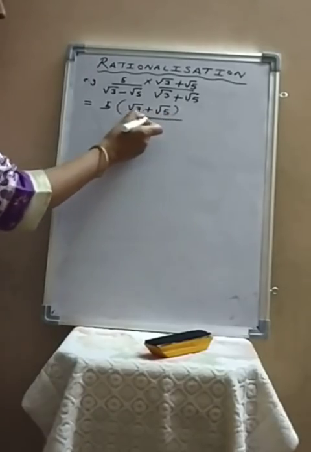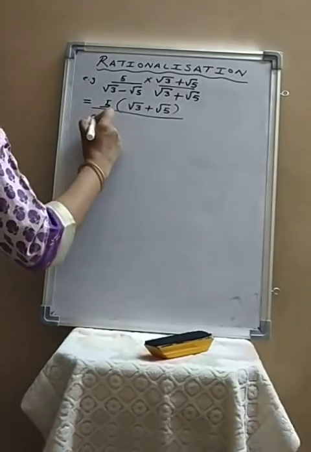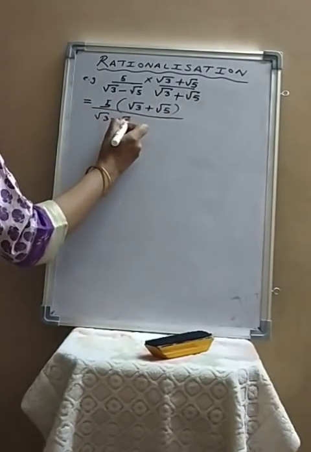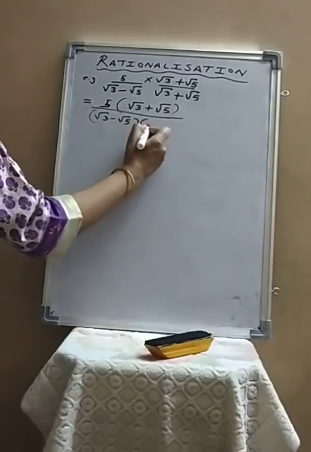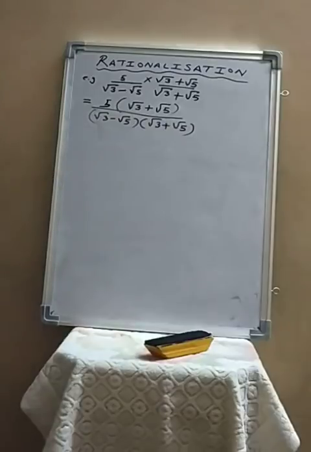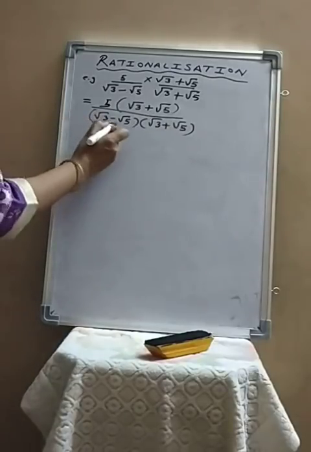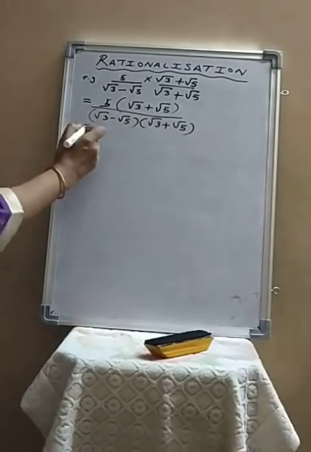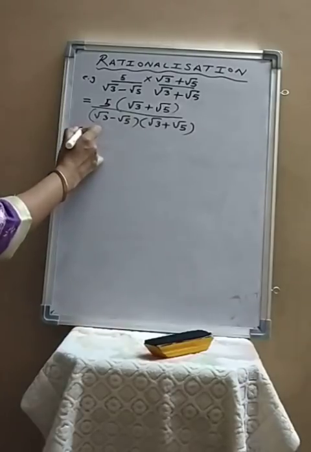In the denominator, again this is a minus b and this is a plus b. So I can use the same identity again. A minus b, a plus b is a square minus b square.